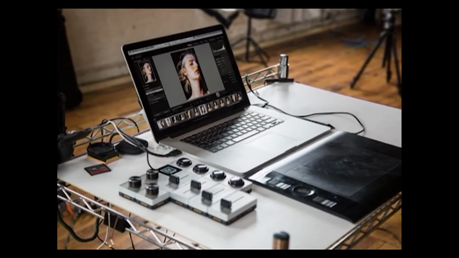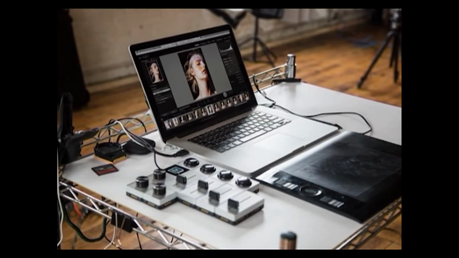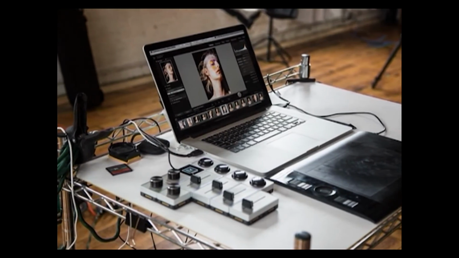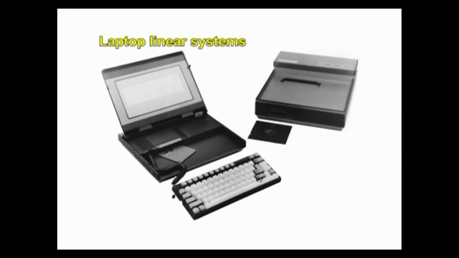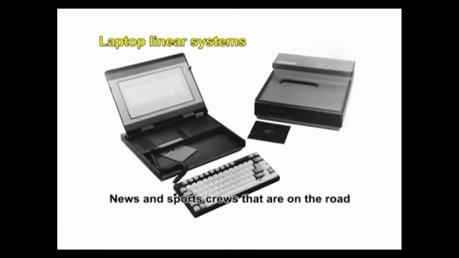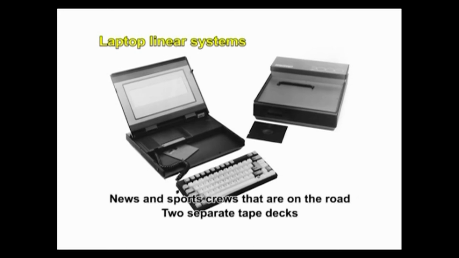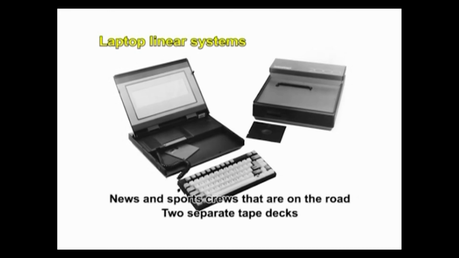Although the use of linear editors has been significantly reduced, segments of the industry such as news still use them. Laptop linear systems have been popular with news and sports crews that are on the road. They also can be used as two separate tape decks when needed.